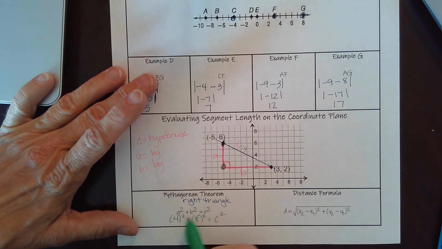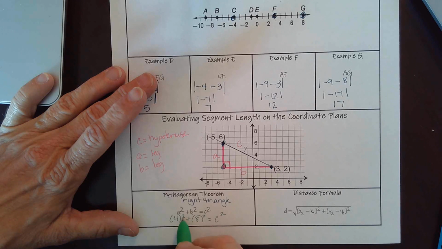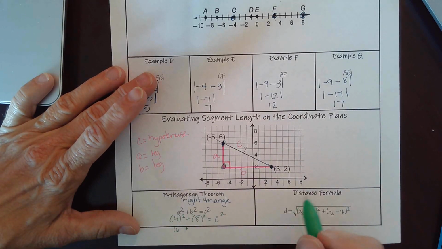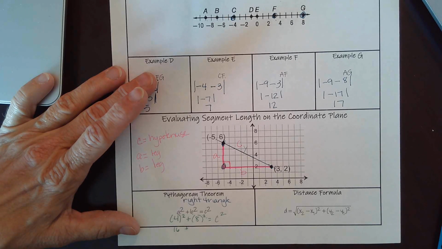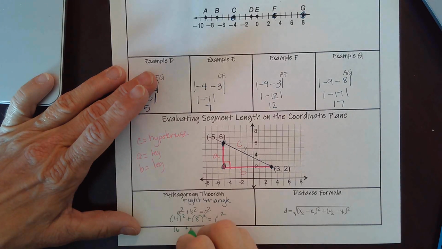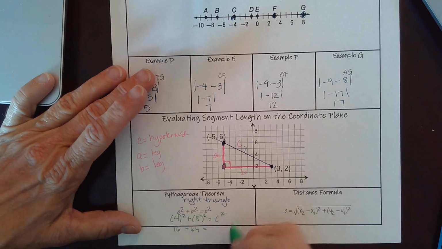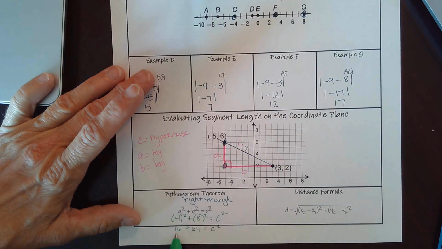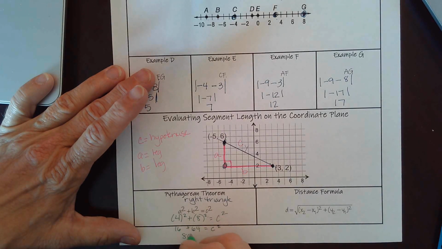So now when I clean this up, 4 squared is 16. 8 squared is 64. And that will equal c squared. When we add these two together, 16 plus 64, we get 80 equals c squared.